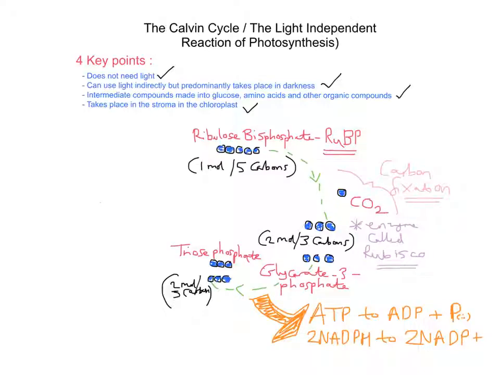So we've had to basically use energy, but we've taken the hydrogen from the NADPH, or reduced NADP as it's called, and we've almost donated it to the glycerate 3-phosphate. So the NADPH has been oxidized, and the glycerate 3-phosphate, because it's gained the hydrogen, has been reduced. So glycerate 3-phosphate has been reduced to form triose phosphate.